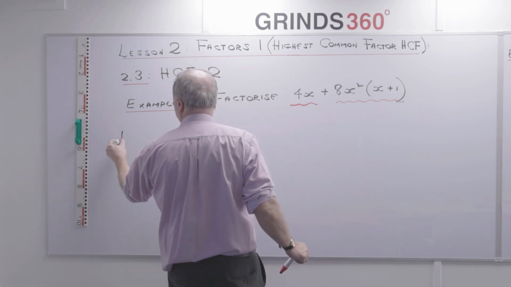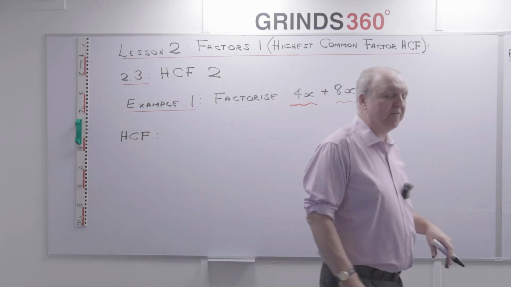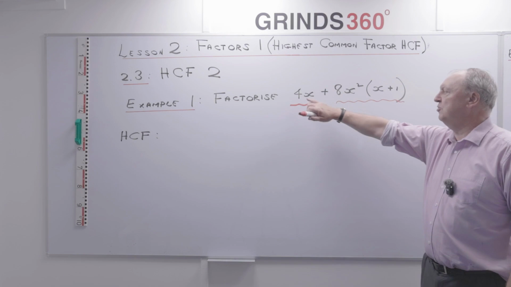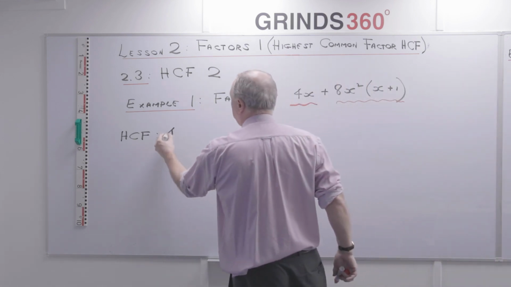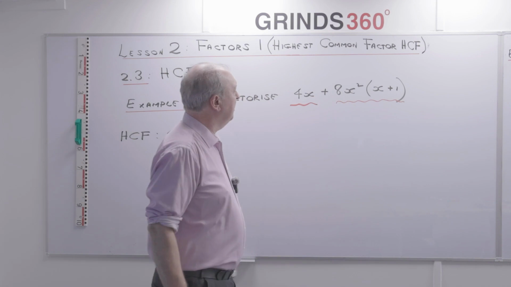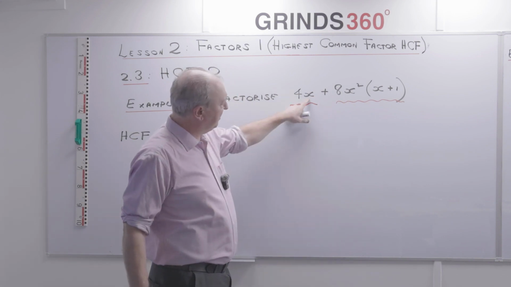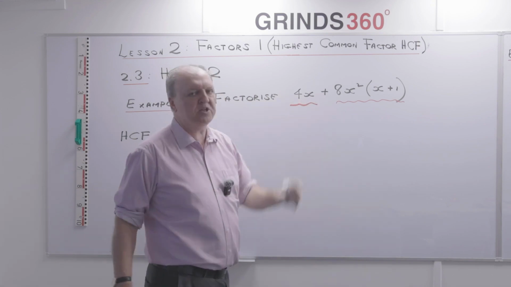Well, let me write down my HCF here. So what's my HCF? Well, first of all, numbers. What's the highest number that divides into the 4 and the 8? And the answer is 4. Now let's look at the x's. What's the lowest power of x I can take out of x and x squared?